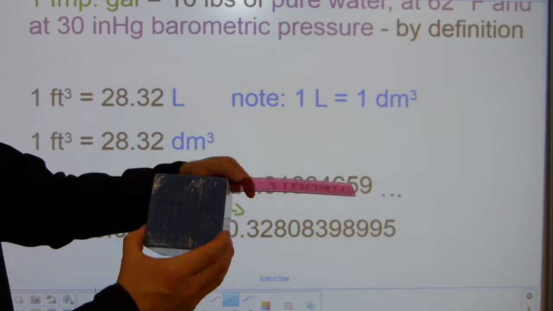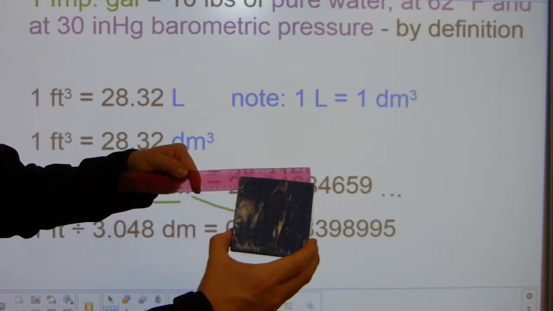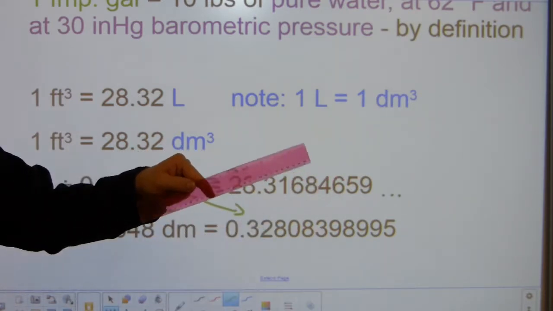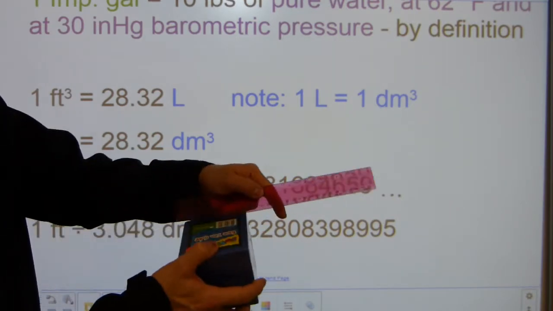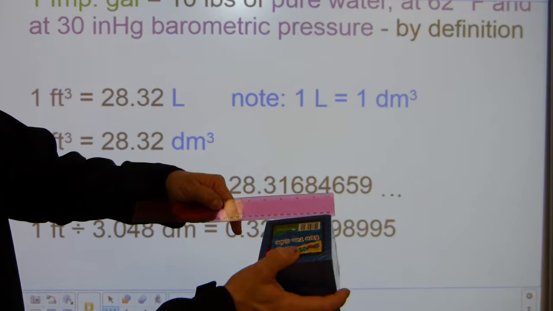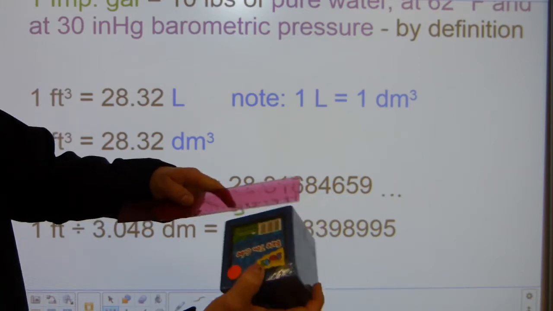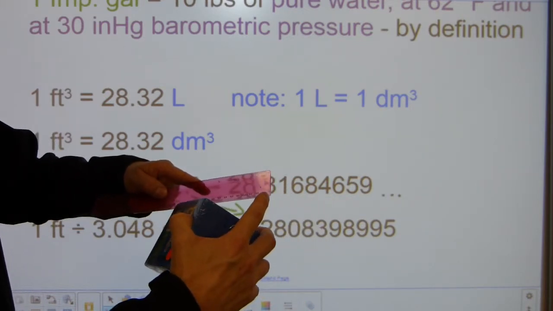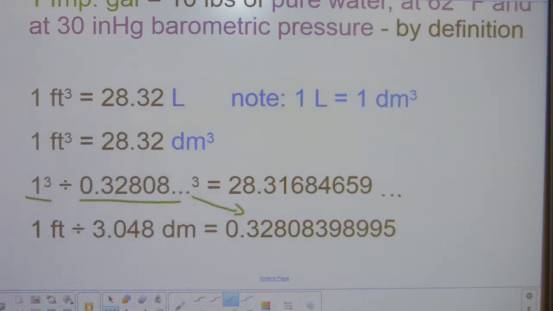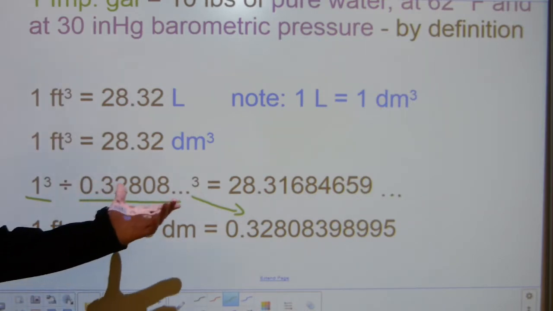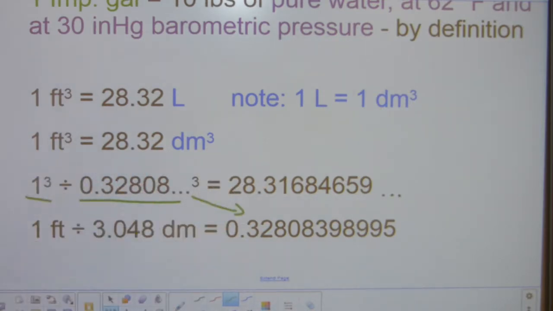So a decimeter is about a third of a foot, because about 3 of these fit into a foot, just roughly. A little less than 3. I can't put 3 exactly here because I'm going to run out to the edge of the ruler, and there's a little plastic end here with no numbers on it, so I'm exceeding the length of the foot a little bit if I put 3 decimeters on a foot.